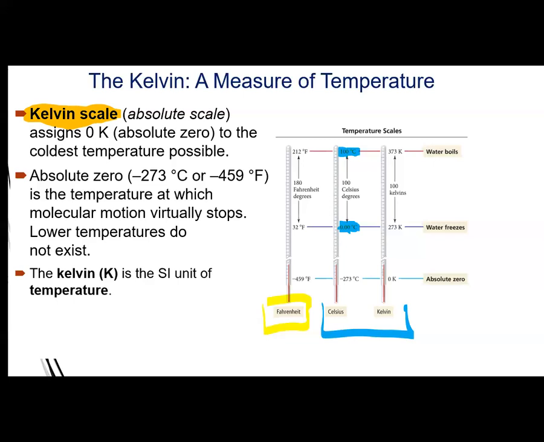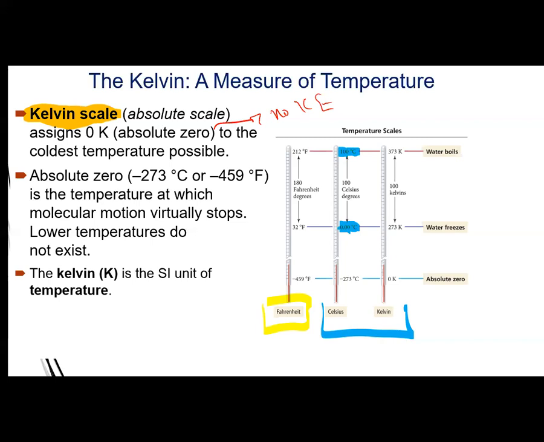What's nice about Kelvin is it has this concept of absolute zero. So absolute zero is the coldest possible temperature that you could have. Absolute zero means that you have no kinetic energy. Now, since you can't have negative kinetic energy, then absolute zero is going to be the coldest possible temperature you can ever arrive at.